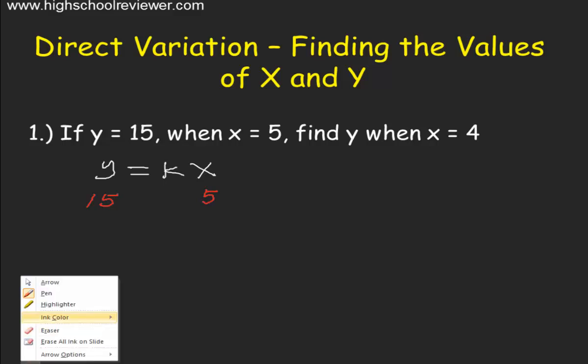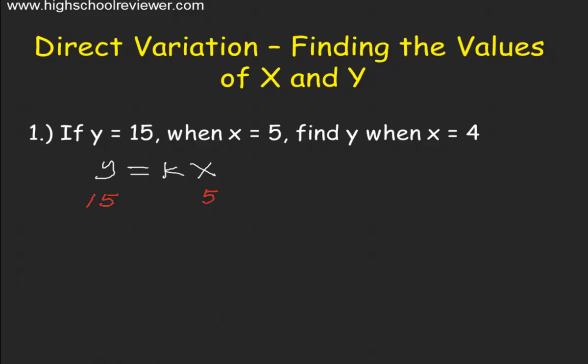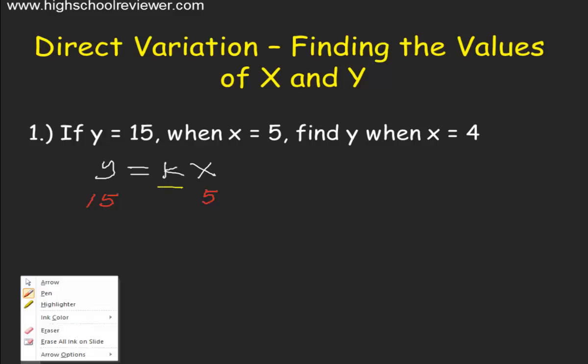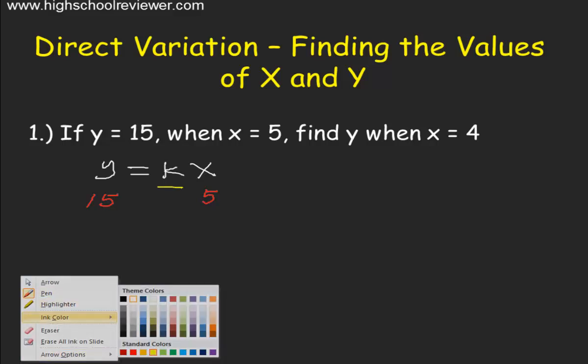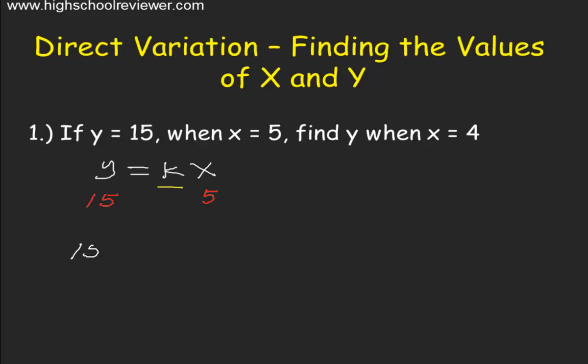So to find the value of k, this will be 15 equals k multiplied by 5. To find the value of k, we have to cancel out 5. To cancel out 5, divide both sides of the equation by 5.